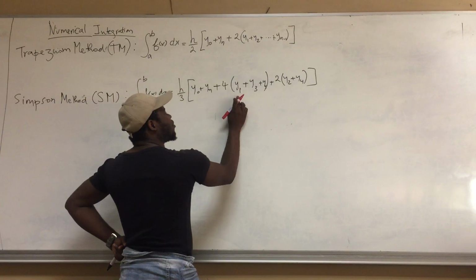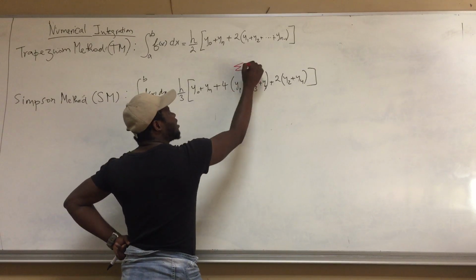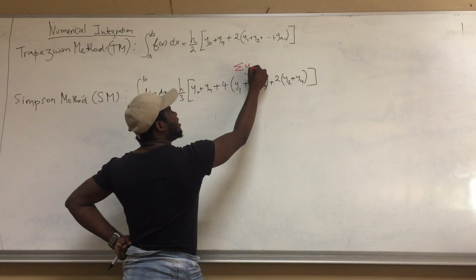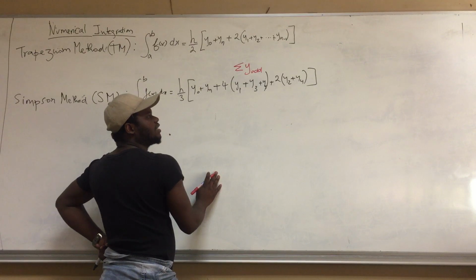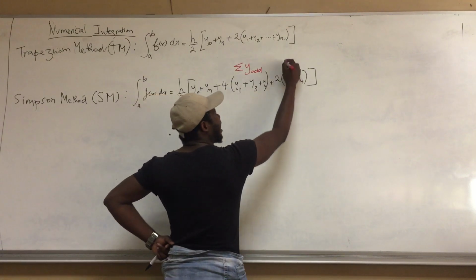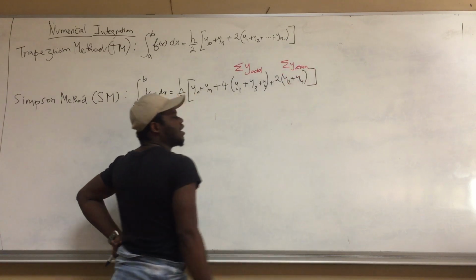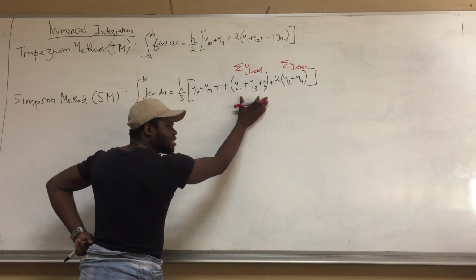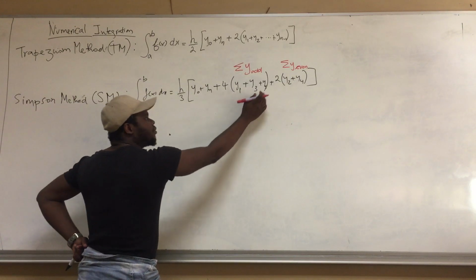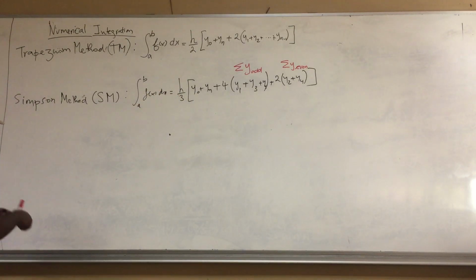So what is this? y1, y3, and y5 are the summation of the odd y's, and y2 and y4 are the summation of the even y's. When you put 4, you sum the odd y's. When you put 2, you sum the even y's.